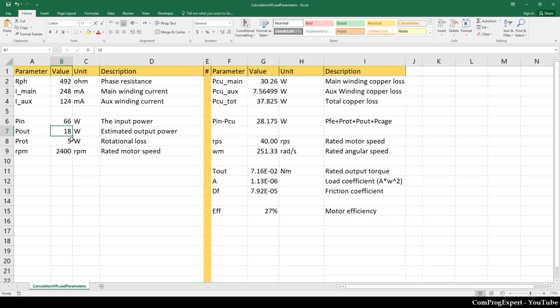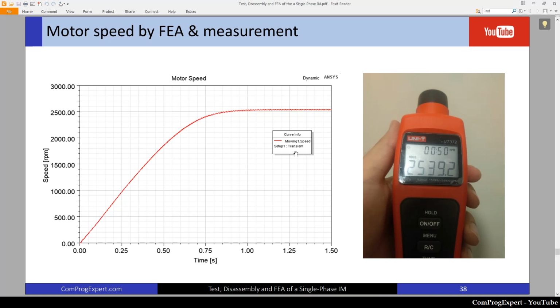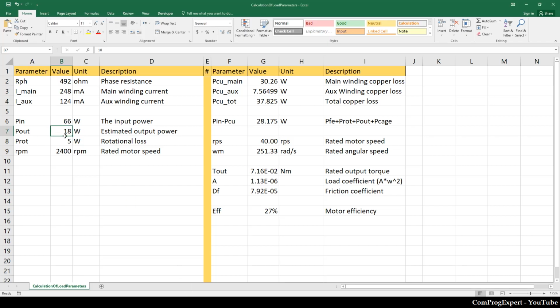So for what value of output power can I reach the rated speed? Here, the value of rated speed is 2500 RPMs. So I should set this value such that I get this value of current.